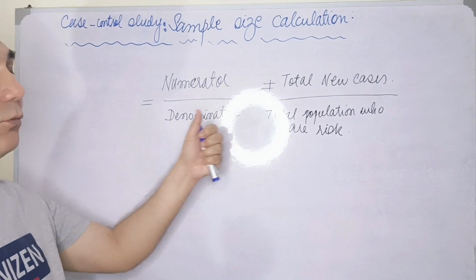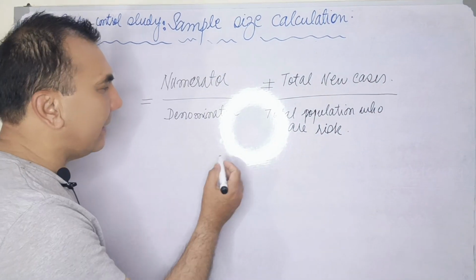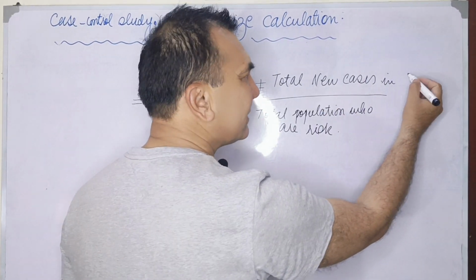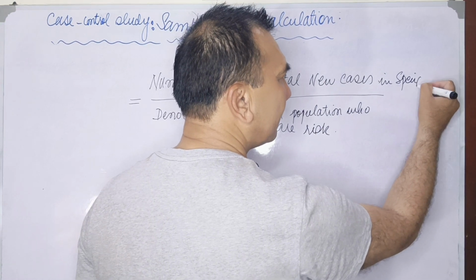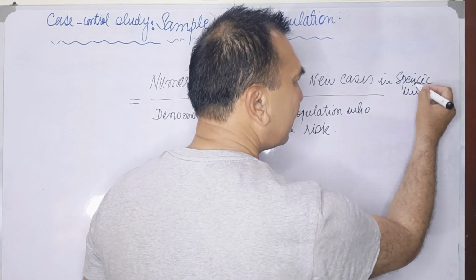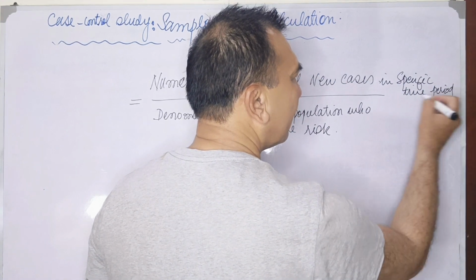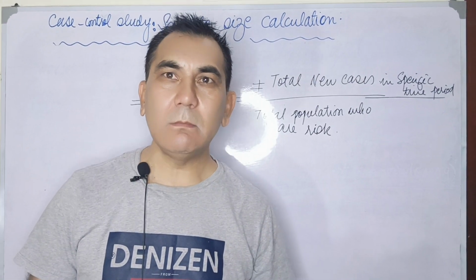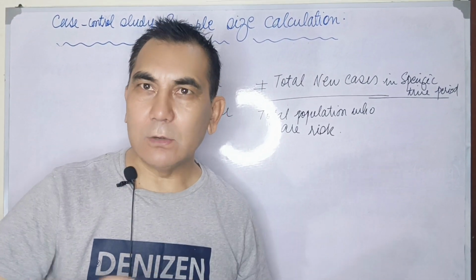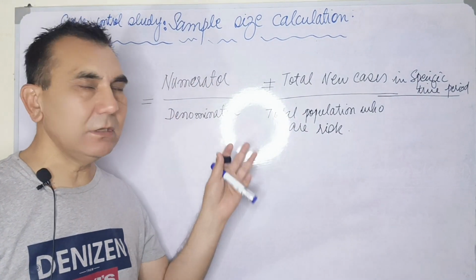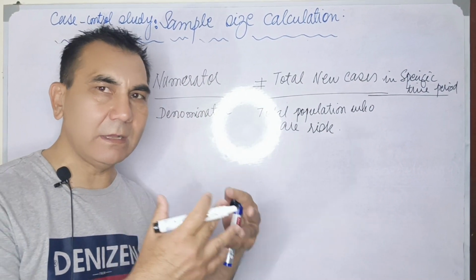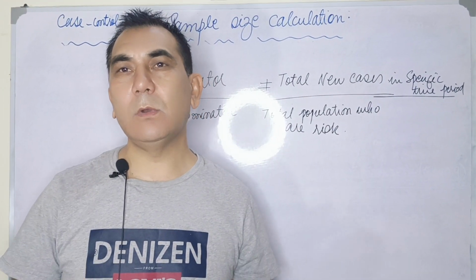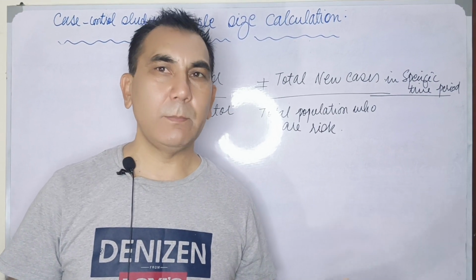If you calculate the incidence rate, you follow the total number of new cases for a specific time period. Let me elaborate: the incidence rate is mostly calculated in cohort studies, the follow-up studies.